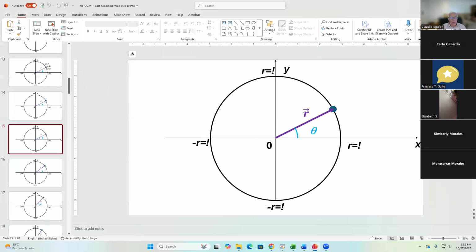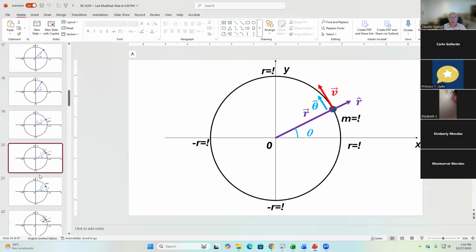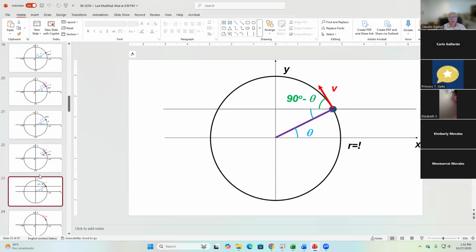Inspection, there you go, right in here. And I want more than that. I want this illustration here with the velocity vector. Here you go. This is the velocity vector here.